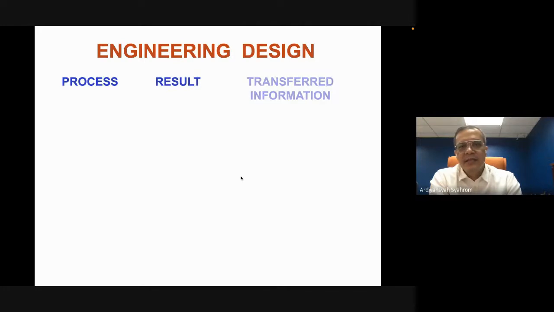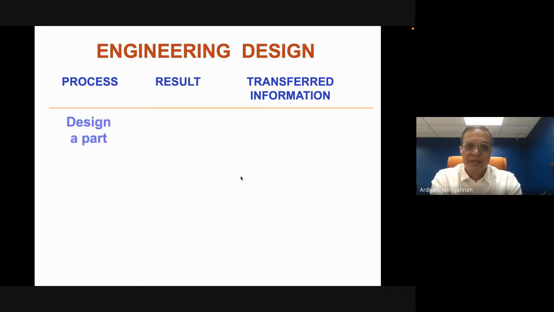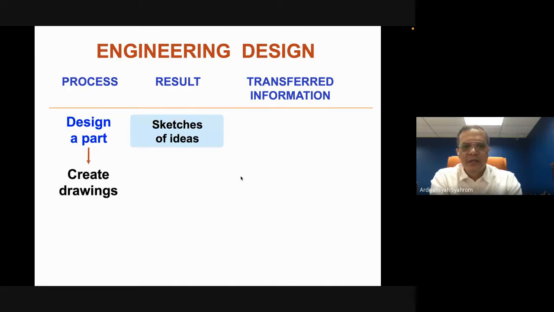In engineering design, there is a process where the result is transformed into information. You have designed a part, then the result is the sketches of idea. Then after that you create drawings.